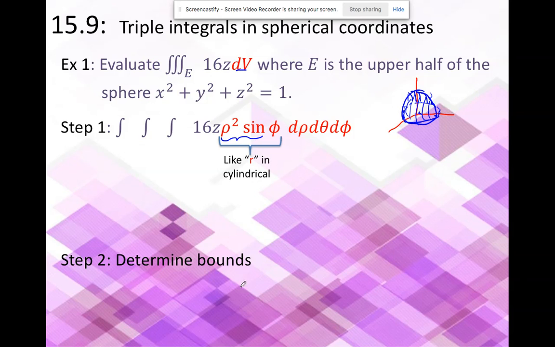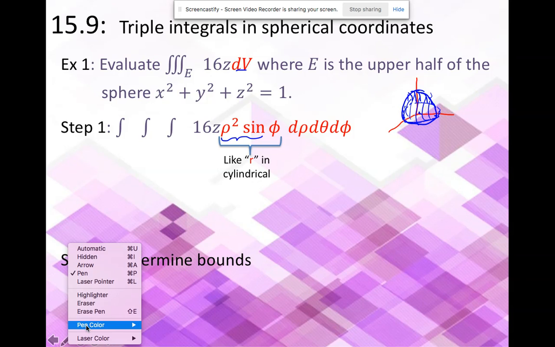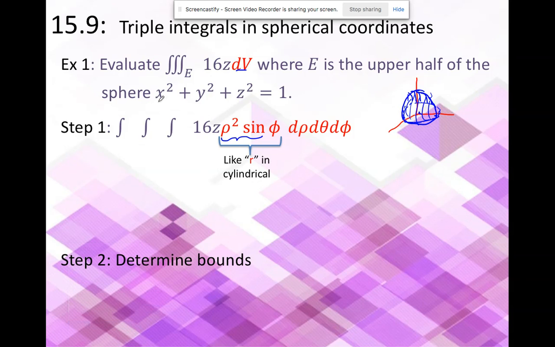So determining the bounds, hopefully it's not too bad to see that rho squared is equal to 1, therefore rho is equal to 1, right? So from the origin, I'm radiating out to the top of this hemisphere, to the bottom.